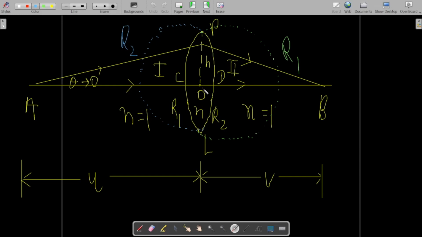Those are giant lenses, so you cannot apply this formula to them, because this formula is for small lenses, like the one you have in your spectacles, which is small in size.